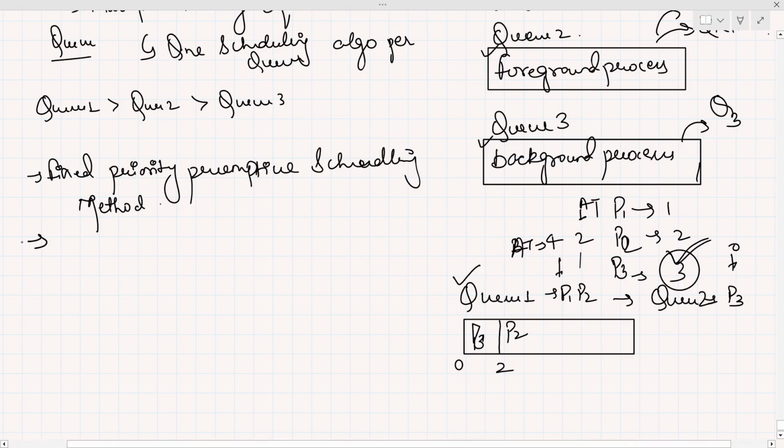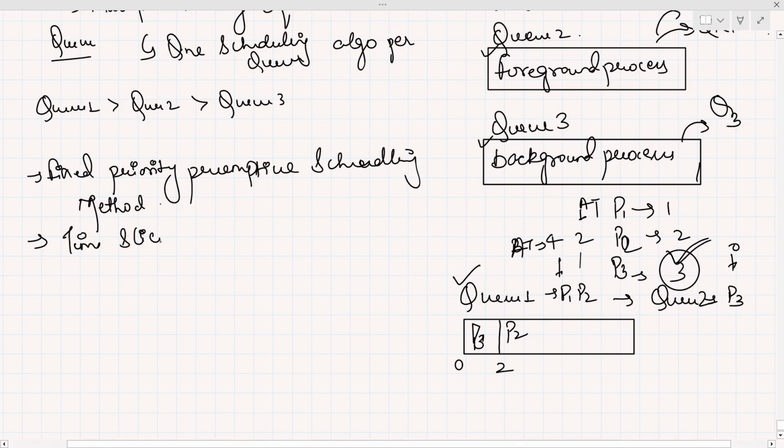What you have to understand right now is that fixed priorities are not changing, and it's a preemptive scheduling algorithm. If another process comes at a particular arrival time, then the operating system provides the CPU to that highly prioritized process. And in this, time slicing is also there.